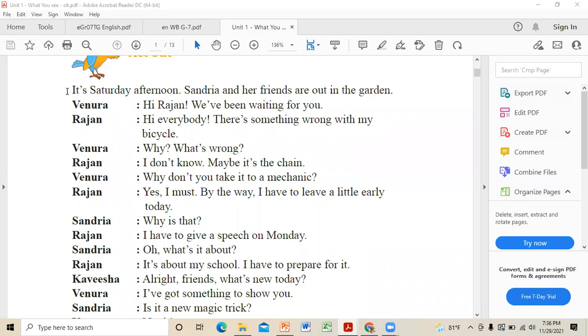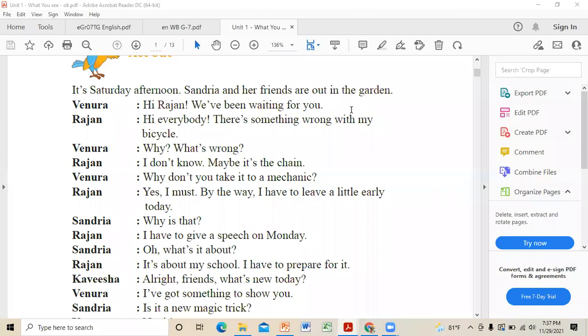So first, this one, I will read it. It's Saturday afternoon. Sandria and her friends are out in the garden. So now you can see it is simply a sentence which does not have a lot of feelings. So in that case, the change of my voice will not be a lot, right?